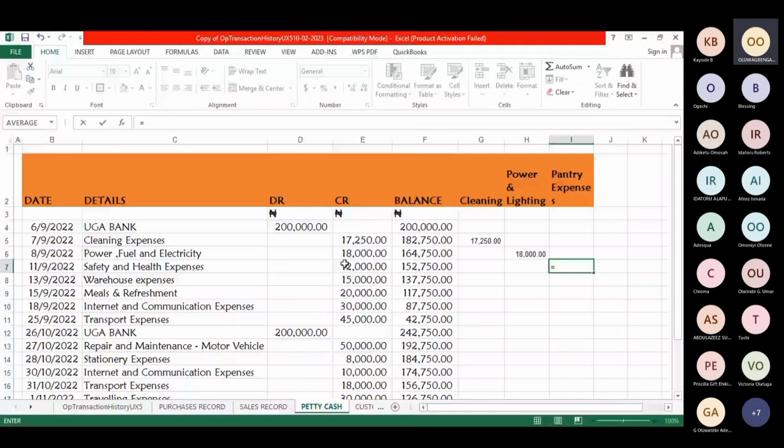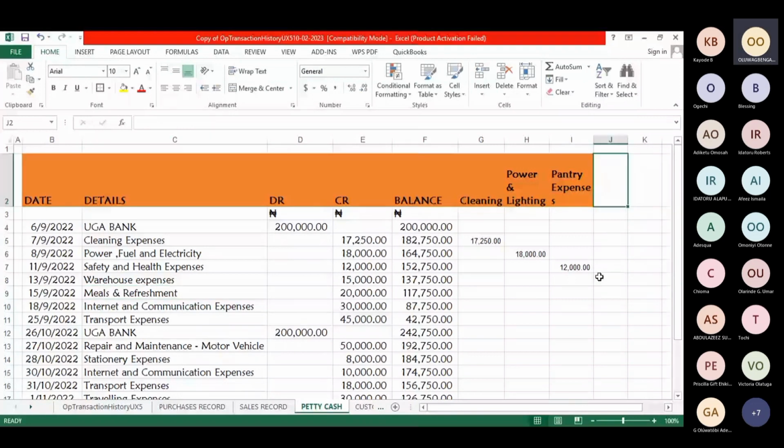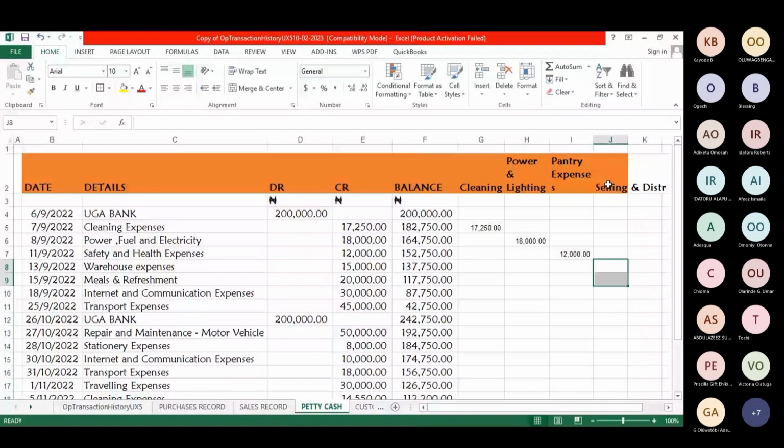So warehouse expenses, maybe in the warehouse, they had to call someone, maybe all these bookies, to help them with loading goods from the warehouse into the truck.